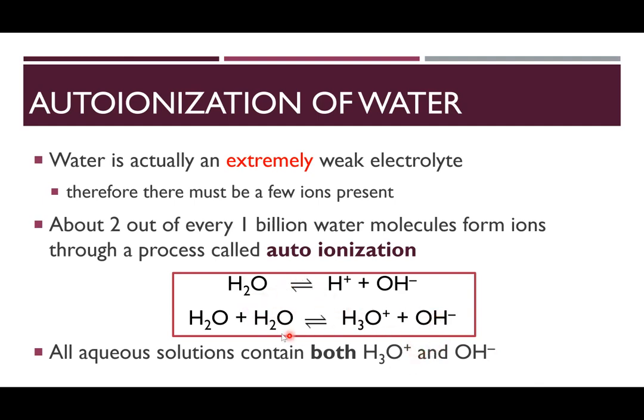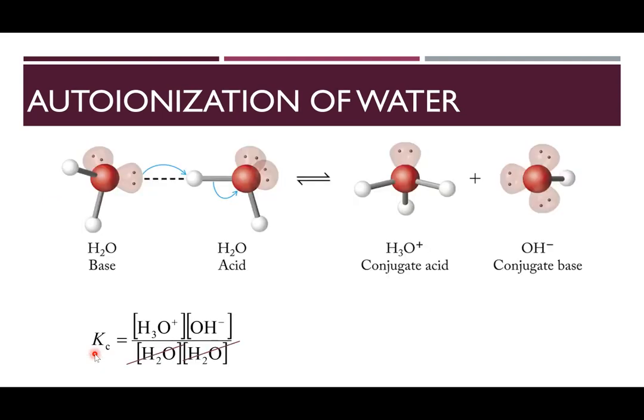Well, what do we see here? We see these equilibrium equations, right? With an equilibrium equation, we've got a K value, the concentration of the products over the concentration of the reactants. So what we see down here is that K value.